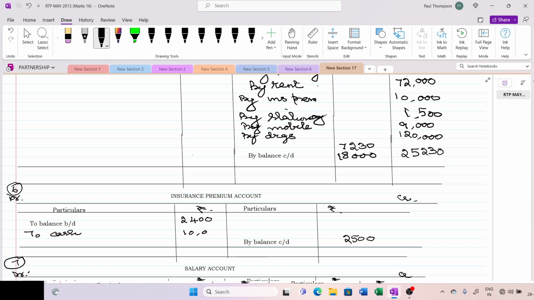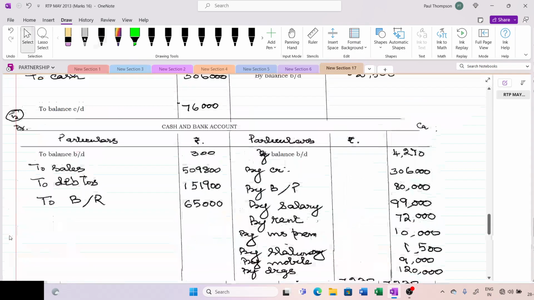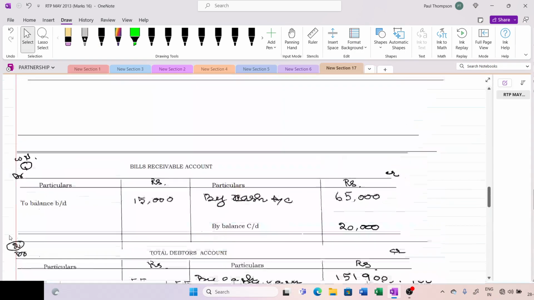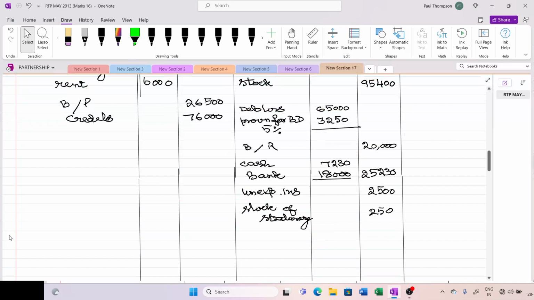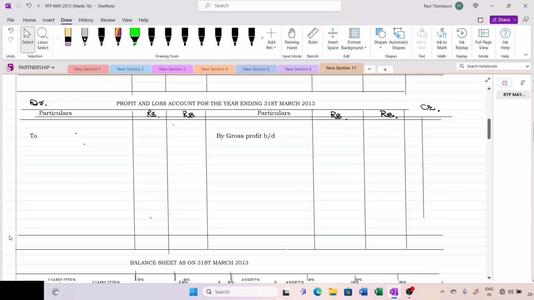Now the mobile should go straight away to P&L account. P&L account should be 9,000. Okay. Now we have to depreciate all those things.